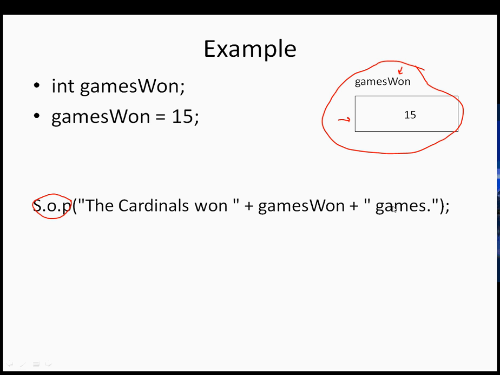And so we want Java to print this line, and so what it does, the compiler sees quotation marks and says, okay, we've got a literal string, so I'm going to print exactly what's between the two quotation marks, including this space right here. And so it prints the cardinals 1, and there's a space right here.